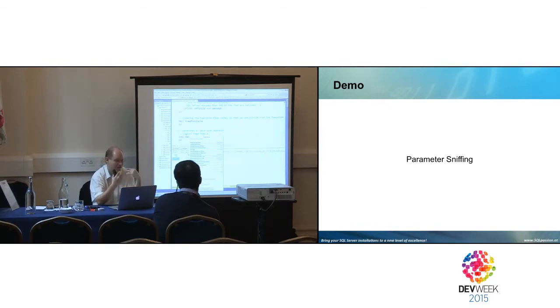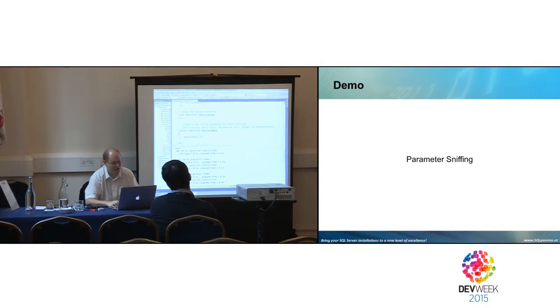So optimize for unknown is also not really a good idea. You don't know your data, the query optimizer knows nothing. So I'm not really a huge fan of those query hints. Optimize for. The option recompile on the statement level can be quite interesting.